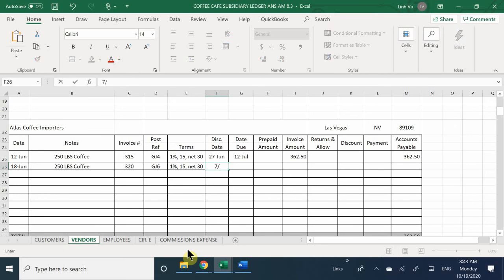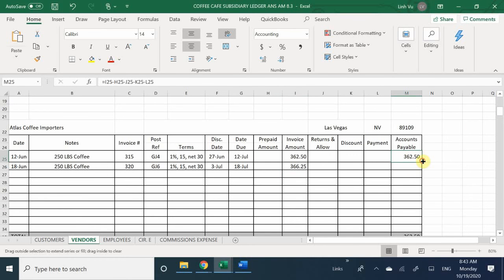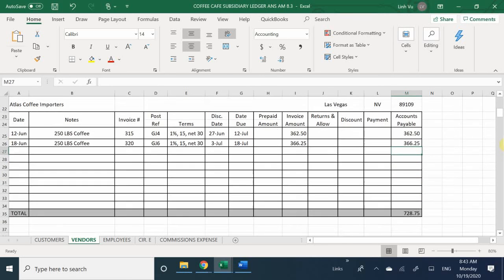And if not, you have to pay the whole thing on what? 18 would be July 18th. Good. And then invoice amount? 366.25. And if we've posted in our formula, it should reflect that we owe that much. And if you sum this, we owe a total of $700 to Atlas Coffee. Okay.